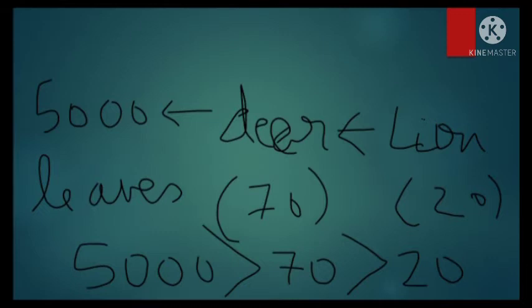As the producers are more in number, they will be at the base, whereas the primary consumers will be a little less than the producers, so they will be a little above the producers, whereas the secondary consumers are even less than the primary consumers, so they will be at the topmost level.